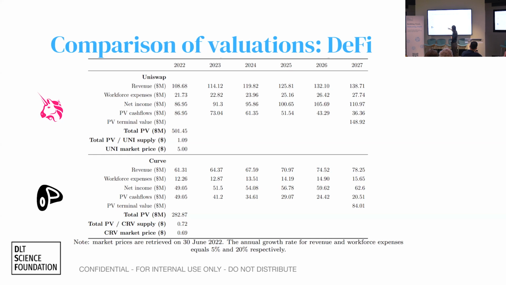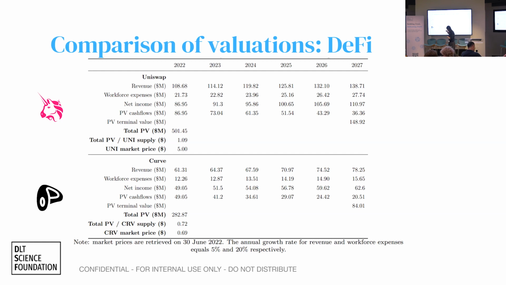When we did the exercise last year, they still only had a handful of protocols, DeFi protocols and layer 1 protocols, but now they're getting much more comprehensive. So again, we have the revenue data, workforce expenses estimated, then we get the net income calculated, PV, the cash flow, and then we get the total present value.